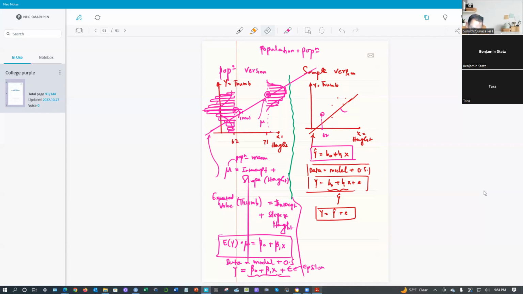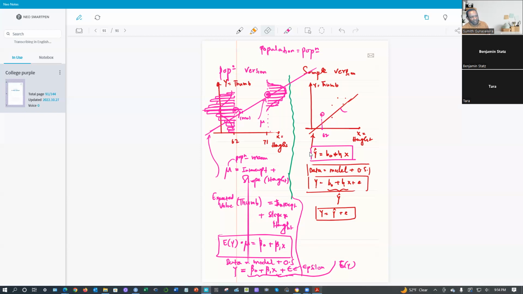This part is nothing but the expected value of Y. What do you mean by expected? If you do something in the long run, that's how people look for profit in a big corporation. In the long run, I'm talking about the expected value of that part. That's nothing but the equation of the line which goes through the average.